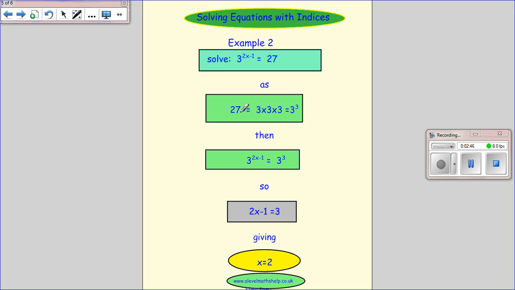I can rewrite the 27 as 3 cubed, so when we look at these two and see they have to be the same, and for them to be the same, the 2x minus 1 must equal the 3. We've got 2x minus 1 equals 3. Then a bit of rearranging and messing around, we get add 1 both sides, divide by 2, we get x equals 2. Okay, so not too bad.